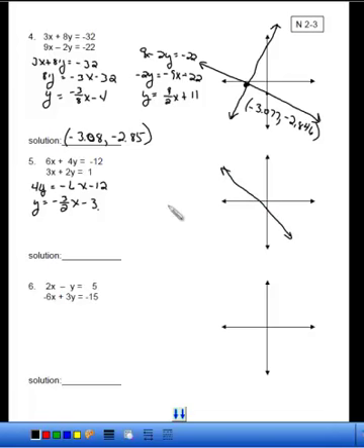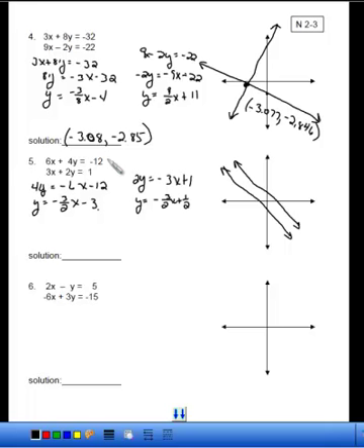On the second one, you have 2y is equal to negative 3x plus 1, divide by 2, and you have negative 3/2 x plus 1/2. And you notice the slopes are the same, so those should graph as parallel lines.